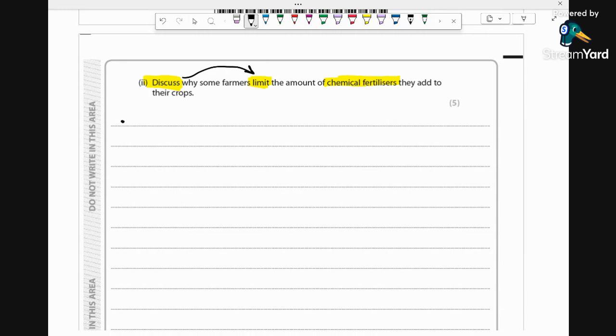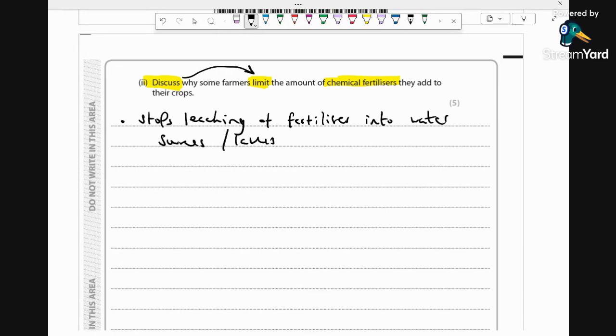So I'm going to say it stops leaching of fertilizer into water sources, things like lakes and ponds. This will stop eutrophication.